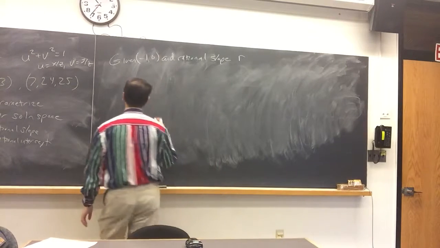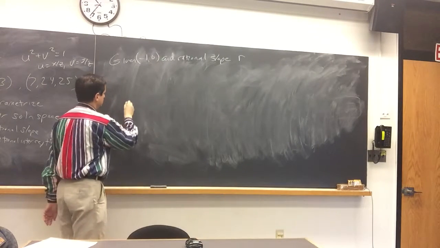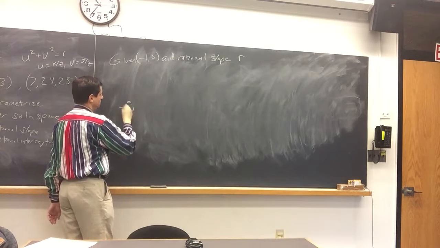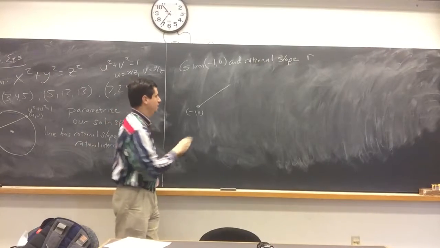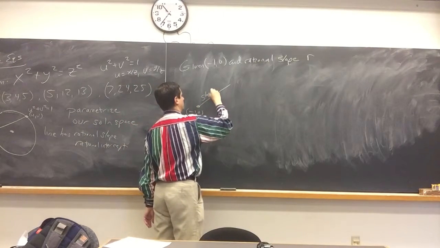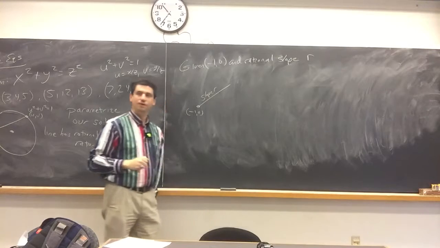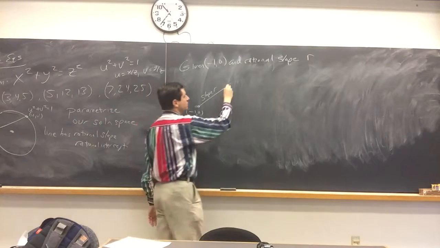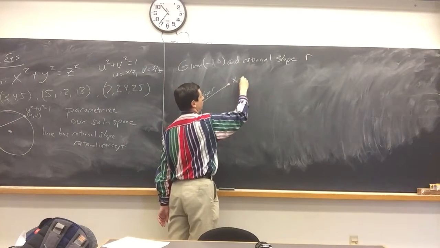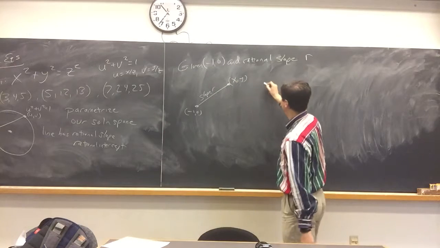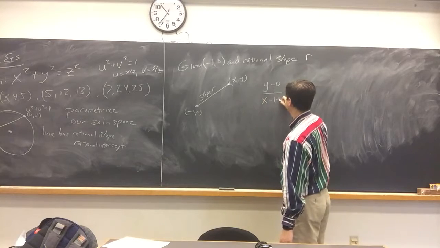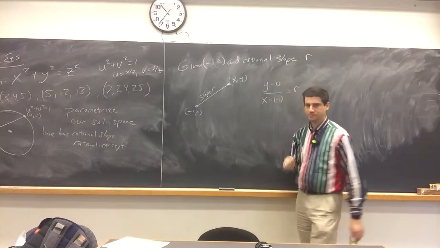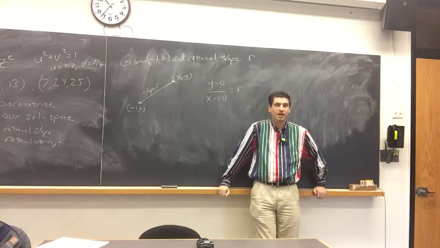Okay, so let's imagine we have the point -1, 0, and we have a rational slope of R. And so we want to find the equation of the line. So imagine we have some arbitrary point xy on the line. Then we get (y minus 0) over (x minus -1) is R. And that's how we would get the equation of the line.